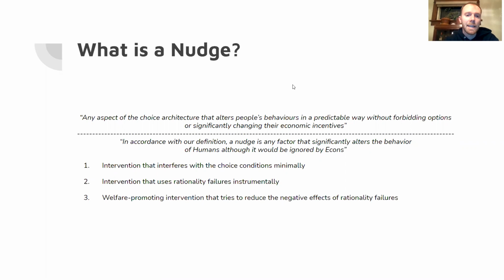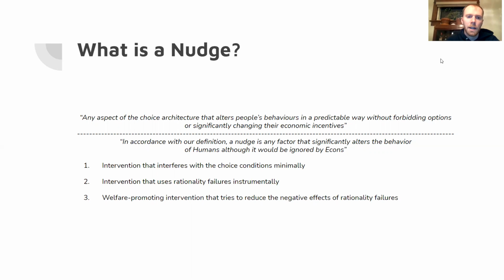Some key things in this definition: one of the focuses is on the choice architecture. And also we're not trying to strong arm anybody into making certain decisions, so you're not going to be eliminating options, and you're not going to be creating huge incentives to influence behavior.